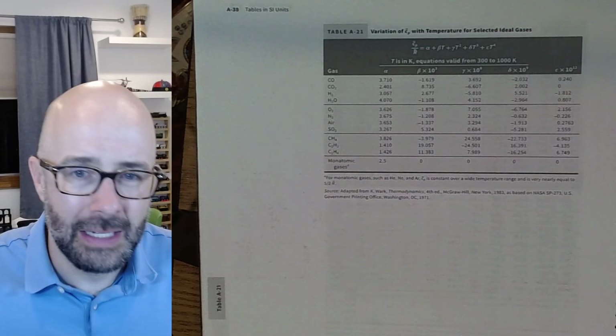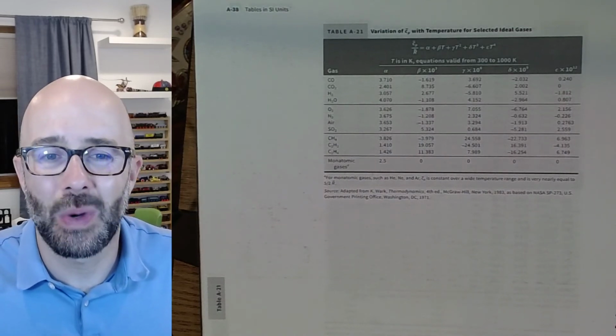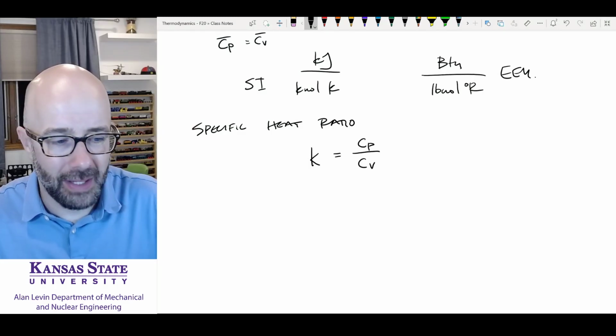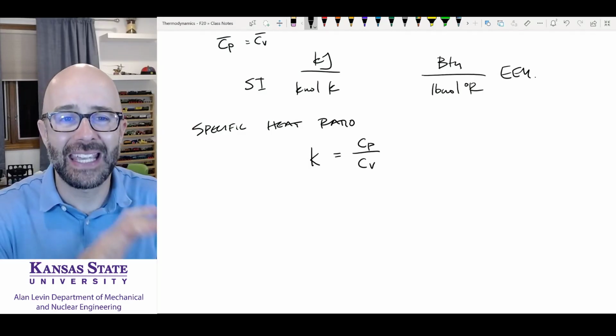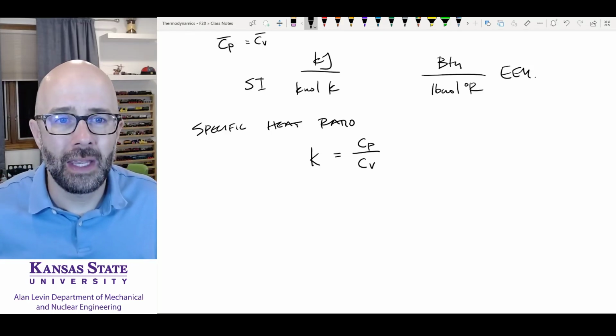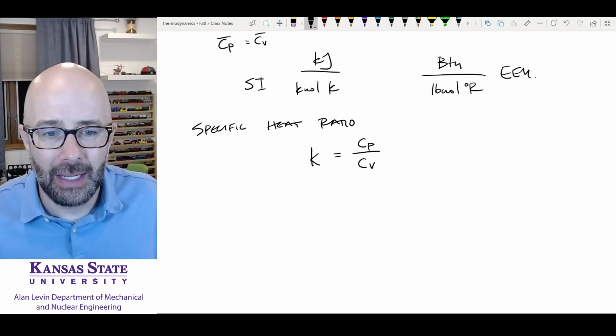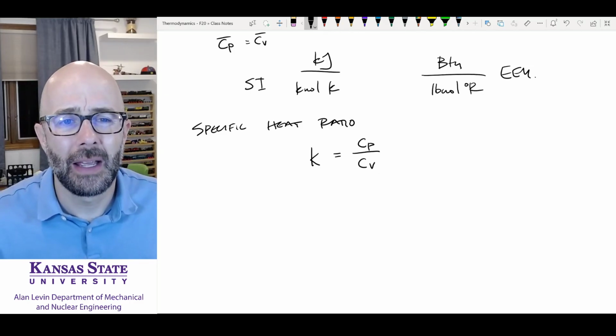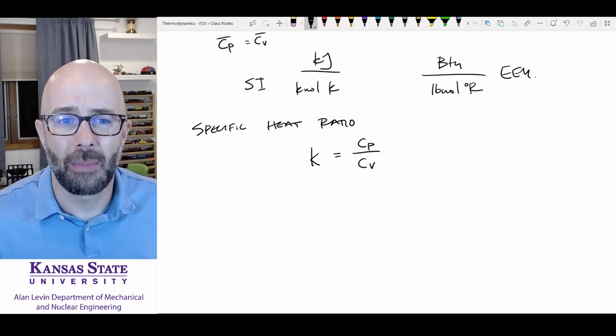So I want us to make sure it's there. I'm going to bring it up again. So those 3 tables are what I want us to talk about. Specific heat is going to play a big role in how we solve some problems later on. It's a little bit of a shorter segment. We'll stop there, and then we'll move on to some property approximations.